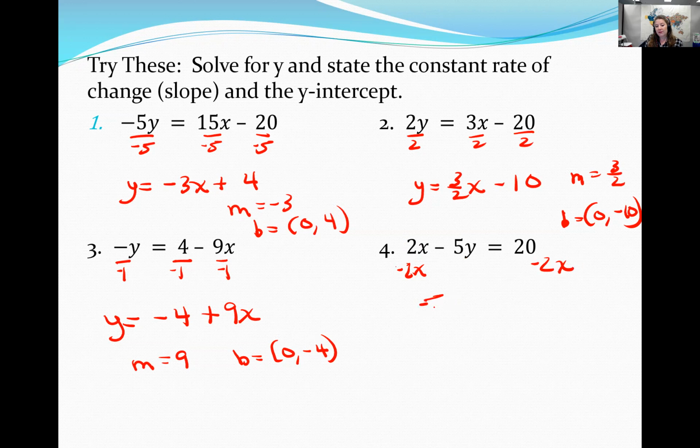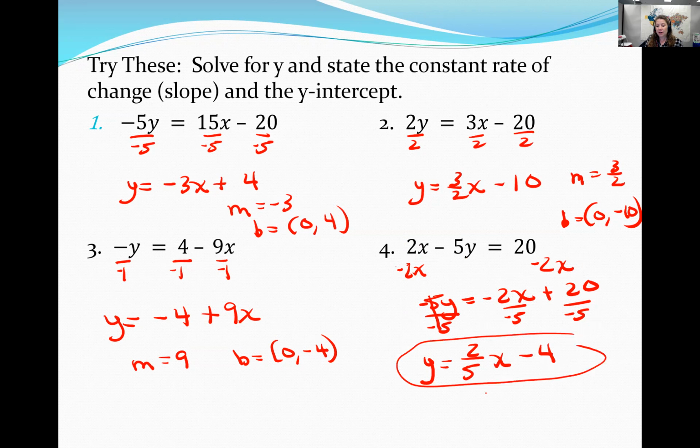So then we have -5y equals -2x plus 20. Then we're going to divide every single term by -5. So this is gone. Y equals a negative divided by negative is positive 2/5 x. 20 divided by -5 is -4. And that's the answer. The slope is 2/5. And the y-intercept is 0, -4.